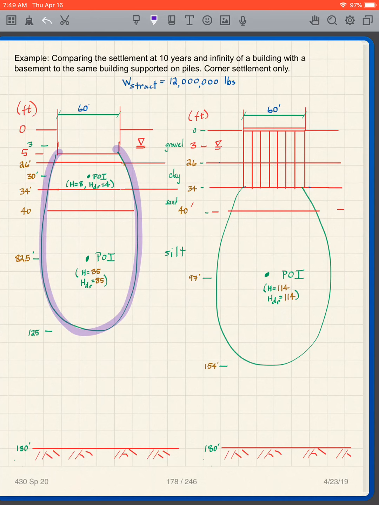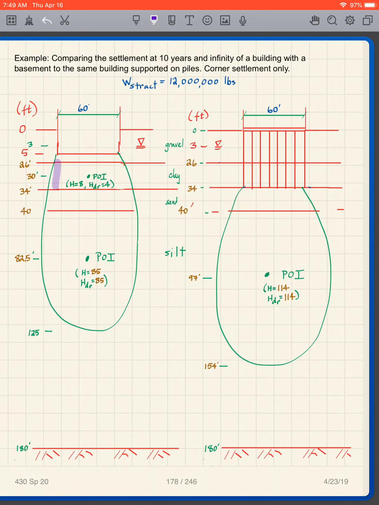Now, first the pressure bulb completely covers this clay layer. So here the point of interest is at the center of the clay layer, which is 30 feet.